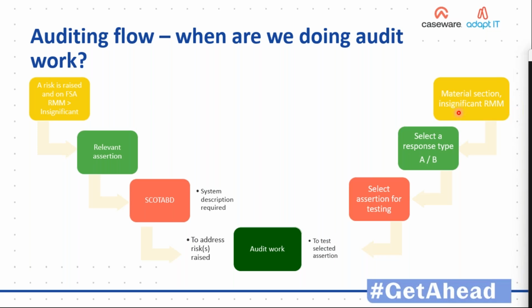The manager will then go back to the FSA and select a response or a set of procedures to perform to test at least one assertion, which he or she thinks has the slightest risk of material misstatement that needs to be addressed.